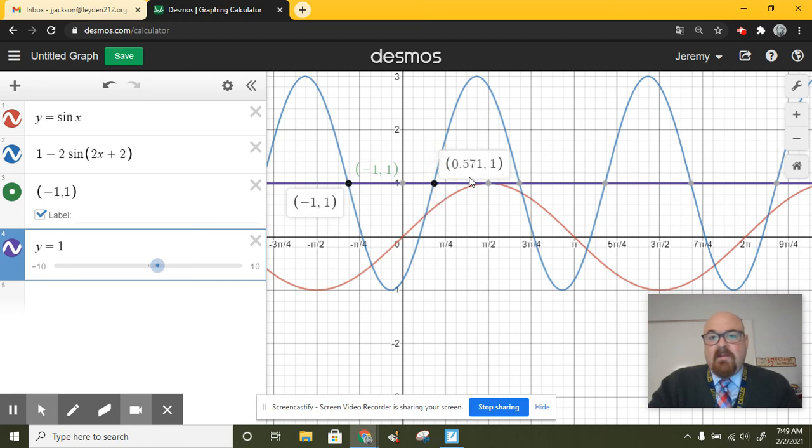Here's the middle of the period. Here's the end of the period, okay? So you can see the reflection over, the stretching, and you can see the distance from -1 to 2.142 would be 3.142. What's 3.142 approximately, right? That's pi, so that's our period length. So identify that midline, the stretch, the reflection, okay, and that phase shift to get an idea about what this graph's going to look like.